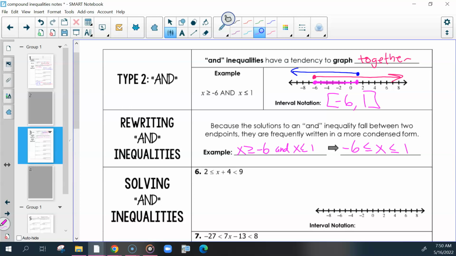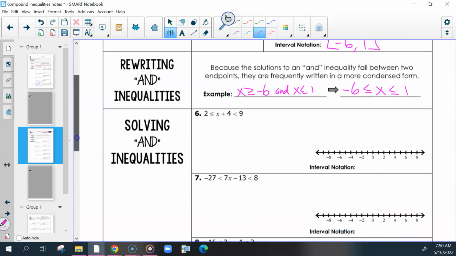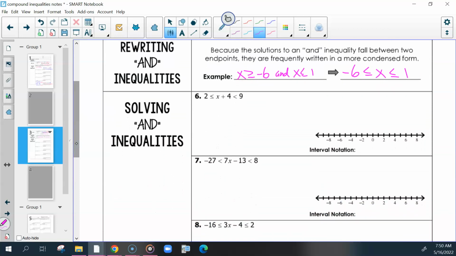So anytime we write our answer, that is going to be the format it's in. And then we're going to do a couple of these.